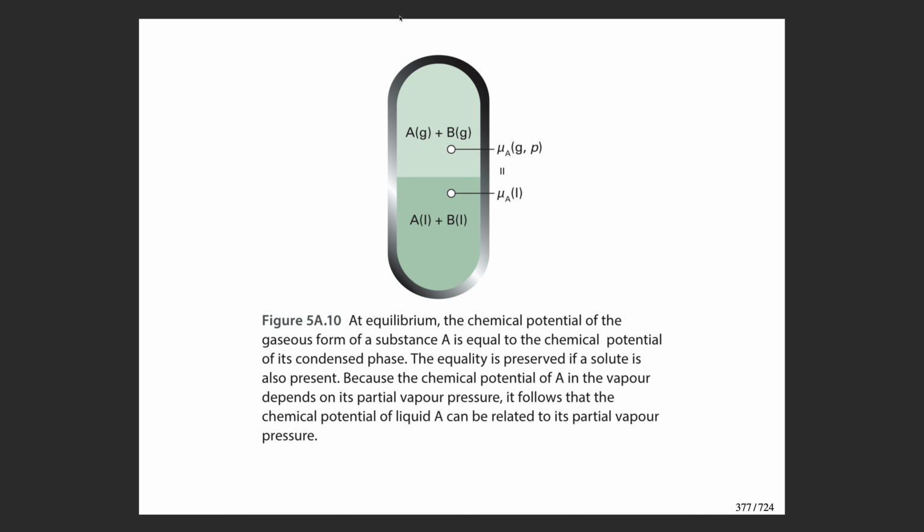And what we need to keep in mind, once this system comes into equilibrium, is that the chemical potential of component A in the liquid phase will equal the chemical potential of component A in the vapor phase at that given pressure, that vapor pressure. The same thing is also true for component B. So we could write that the chemical potential of component B in the liquid phase equals the chemical potential of component B in the gaseous phase at its vapor pressure.